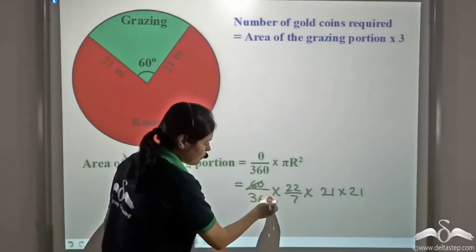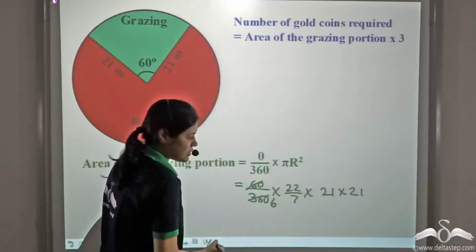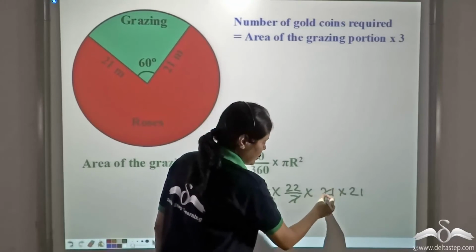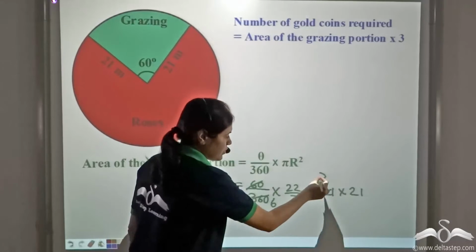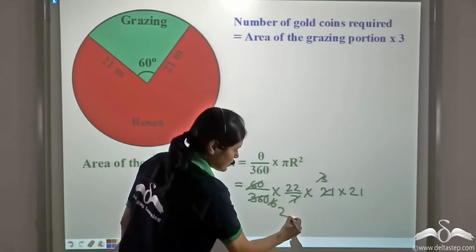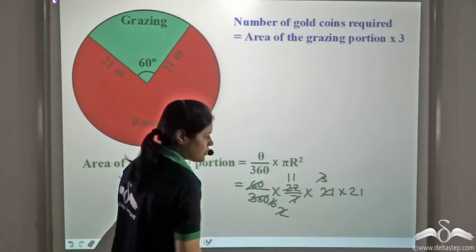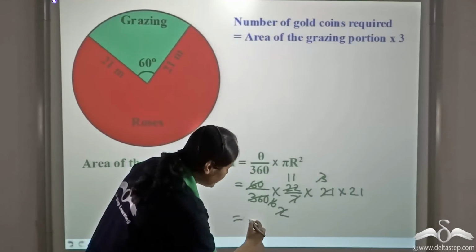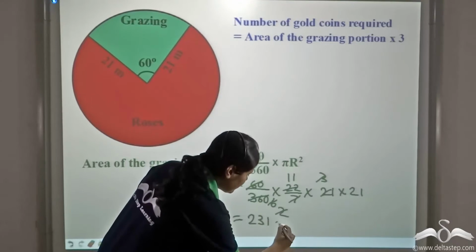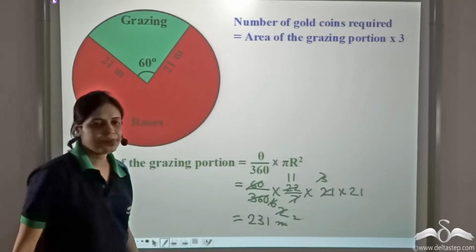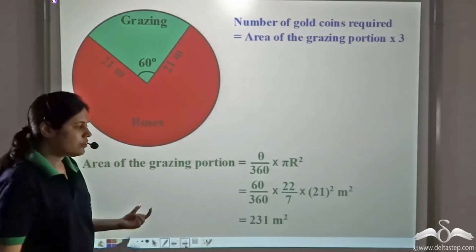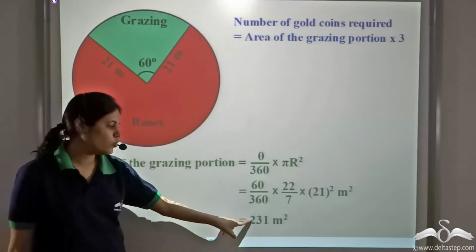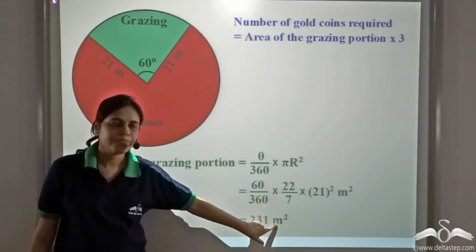Now 60 by 360 is 1 by 6. 7 cancels with 21. 3 cancels with 6. This is 11. So 11 into 21. 11 into 21 is 231 square meter. So this is the area of the grazing portion, 231 square meter.